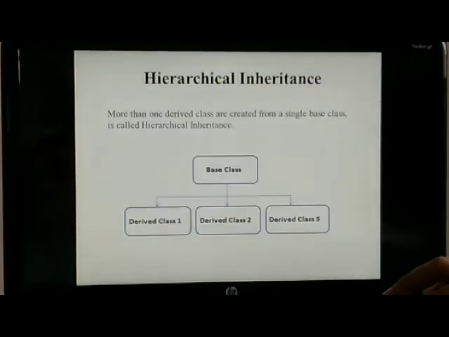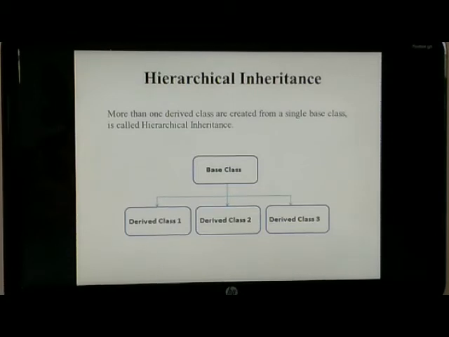Now let us see another type of inheritance, that is hierarchical inheritance. Here more than one derived class is created from a single base class. So here we can see there is only one base class, and we can create more than one derived class.